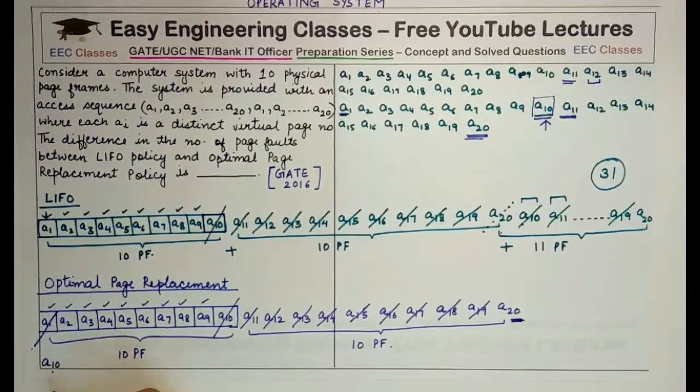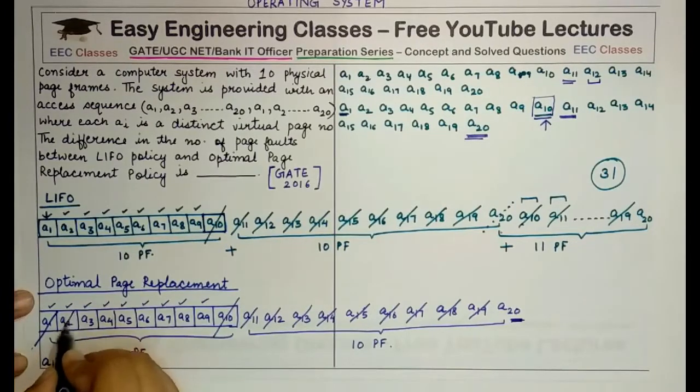So you don't have to be confused about why A11 is not replacing A10. A10 has just entered the system, and we have a certain set of pages that entered before A10. So we prefer to replace these pages.